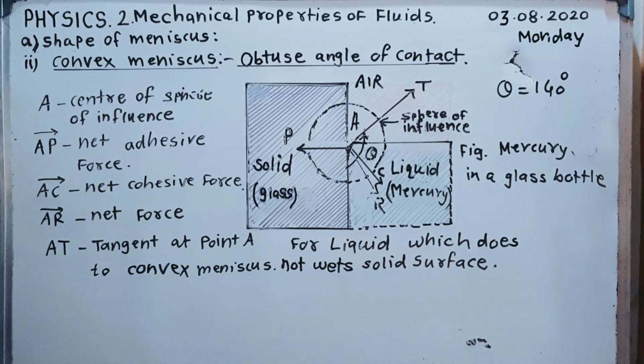Therefore the meniscus is a convex meniscus, so that the tangent AT drawn to the convex surface at the point A is normal to AR. AR and AT are normal to each other, and therefore the liquid which does not wet the solid surface, for example mercury, has an obtuse angle of contact, that is, an angle greater than 90 degrees in this case.